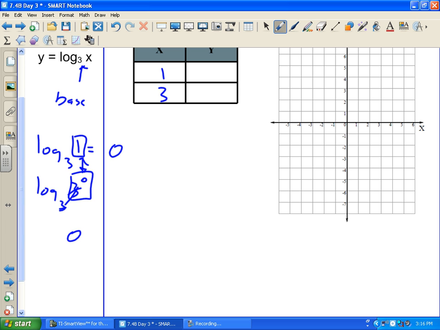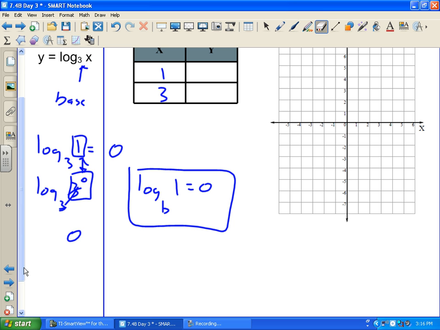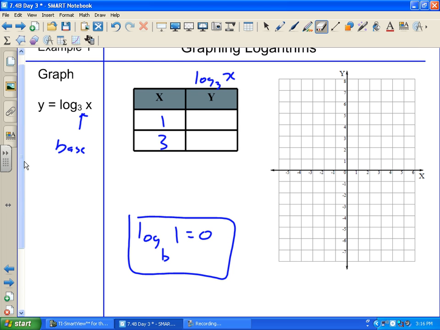Another thing we write: log base anything of 1 will always simplify to 0. It's an identity, which is why we're using that as our parent function always. So if I input 1 into that function, my output's 0.